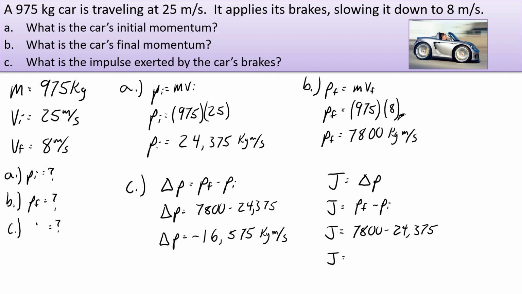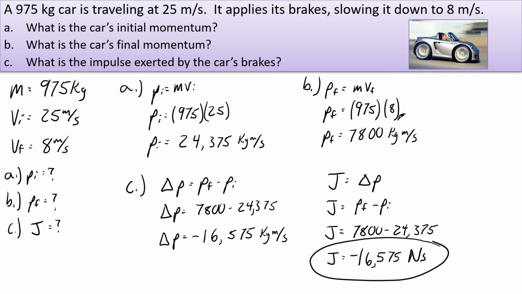I should have said, what is the impulse, J? Even though by definition, it is the change in momentum, but that's all right. We'll say the impulse is equal to negative 16,575. What did we say the units for impulse were? We said a Newton second, which seems weird right now, but tomorrow again we're going to see how force and time, a Newton and a second, are used to define impulse.